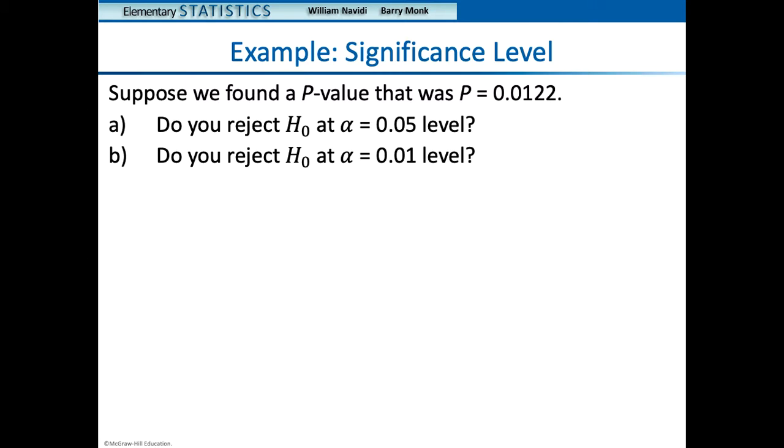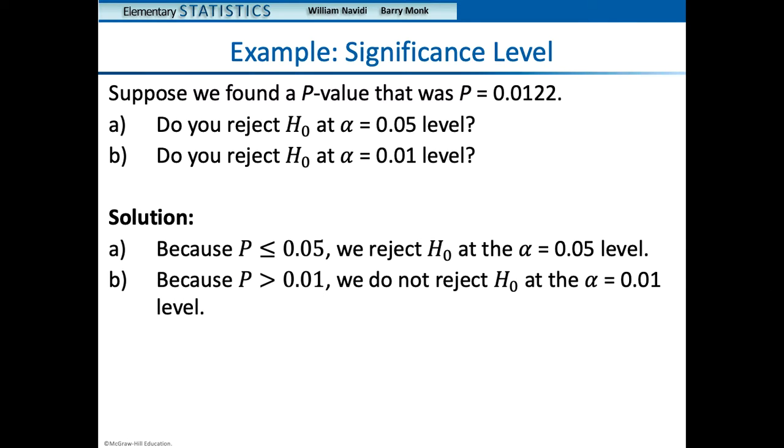Okay, so let's suppose we conduct a hypothesis test and we found a p-value of 0.0122. Do you reject the null hypothesis at the 0.05 level? Yes, because the p-value is less than 0.05. But would you reject the null hypothesis at the 0.01 level? The answer is no, because the p-value is greater than 0.01.